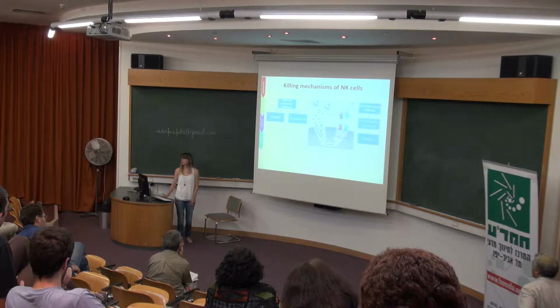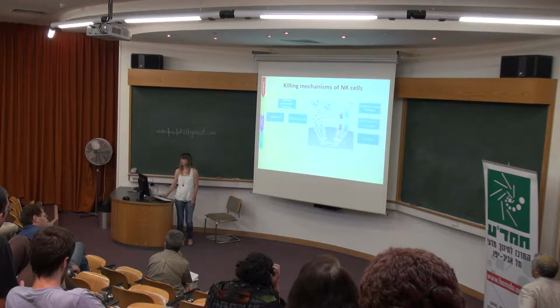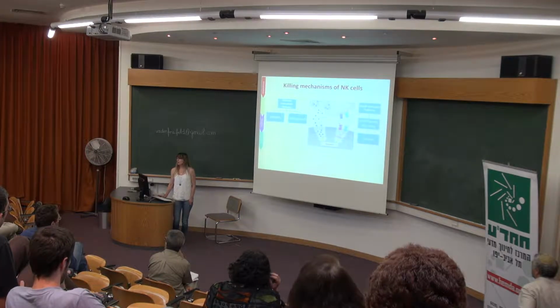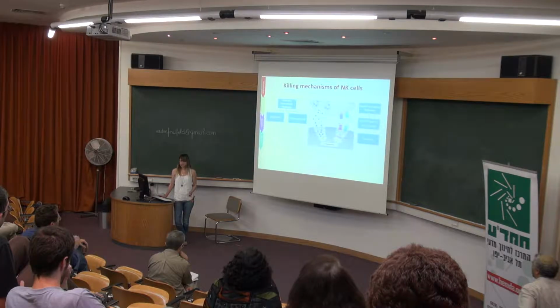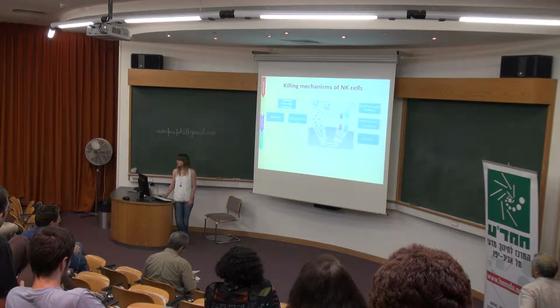So NK cells can actually kill target cells through two independent pathways. The first being the death receptor pathway, where the death ligands FASL and TRAIL can trigger caspase-dependent apoptosis in target cells. The second pathway, the granule exocytosis pathway, involves the secretion of perforin and granzyme B containing granules upon interaction with the target cell.